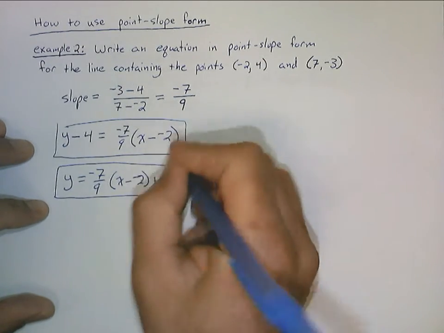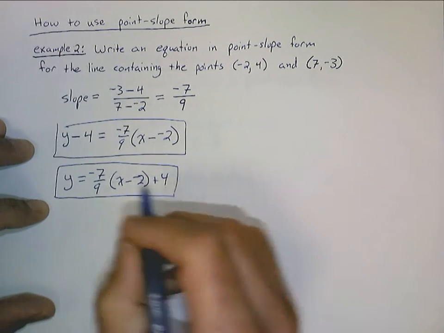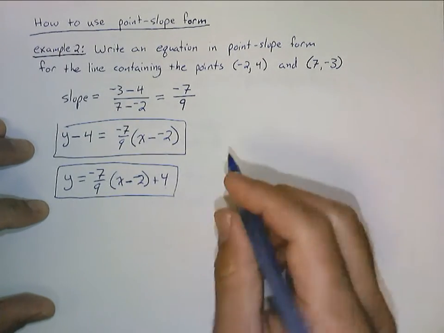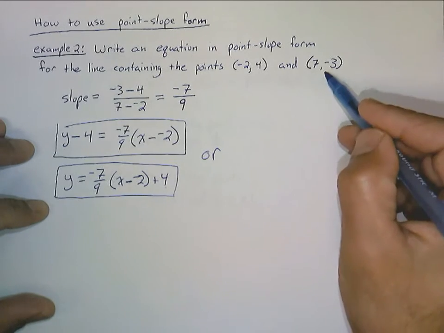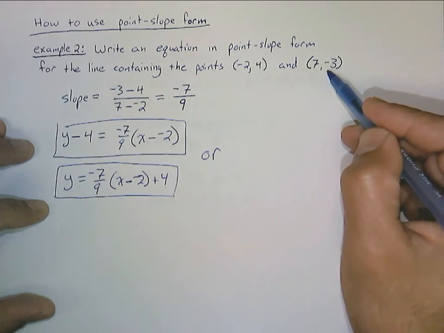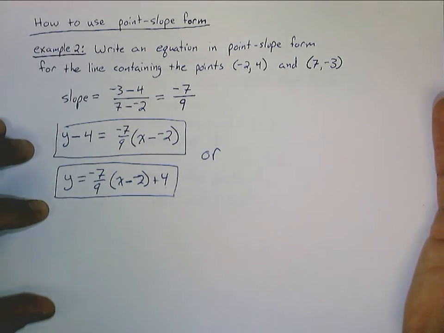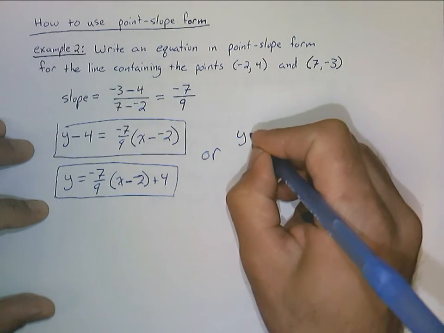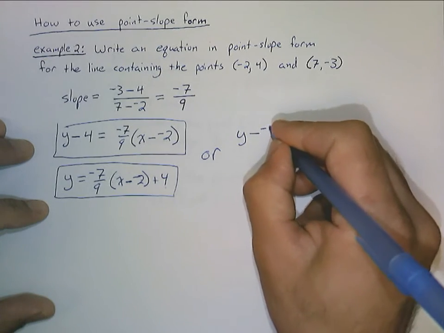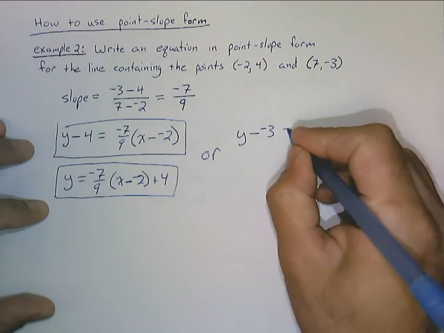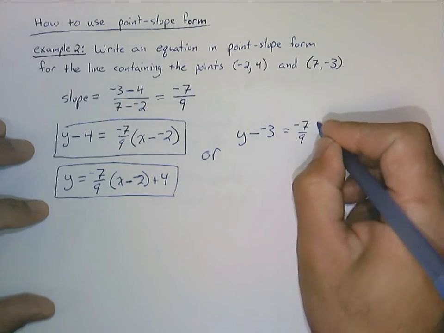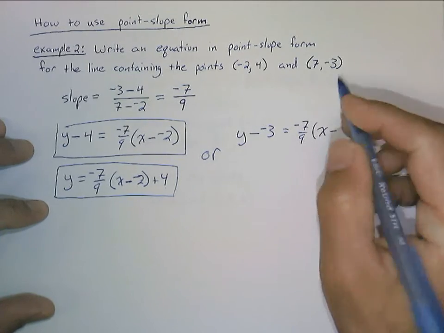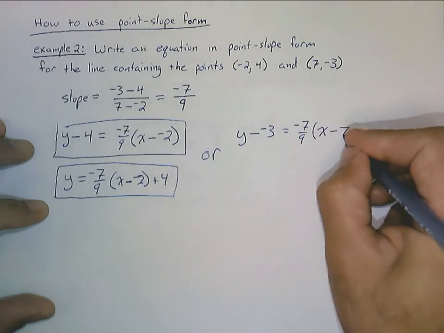And that's totally fine in either one. It doesn't really matter. Or we could use this point instead. Not a big deal. The equations will be completely equivalent. So it would be y minus the y-coordinate of the point that you know, -3, is equal to -7/9 times the quantity x minus this x-coordinate of 7.